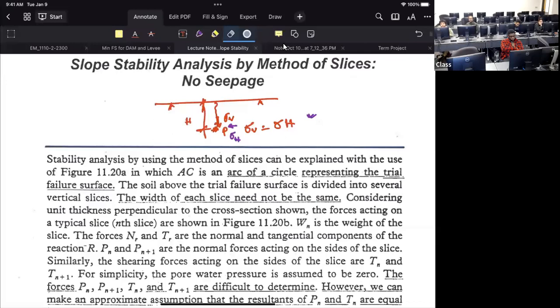But let's say, whatever the weight is, there is some sigma v and some sigma h, right? This is my most favorite discussion.